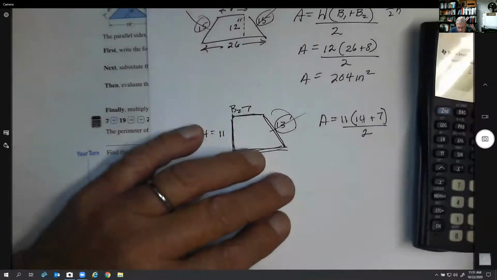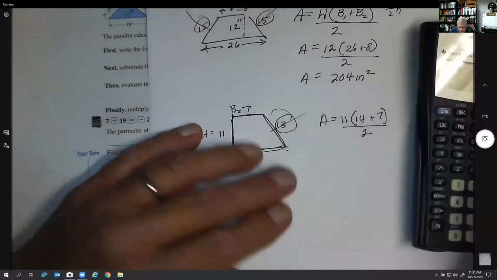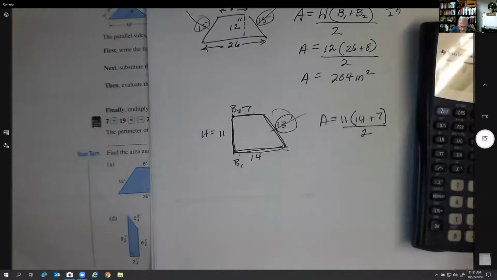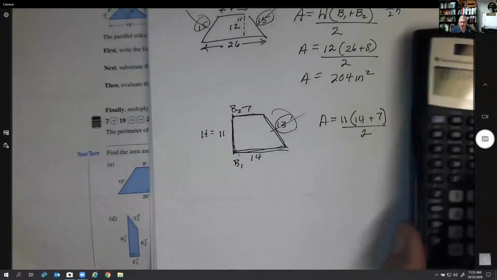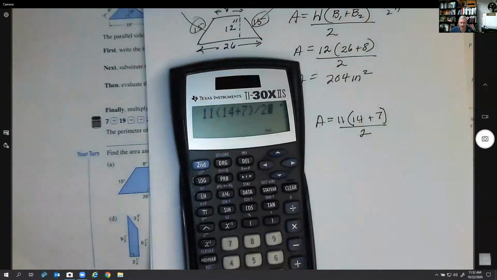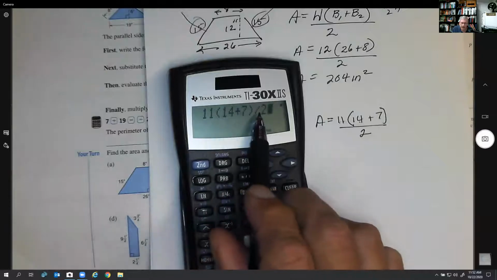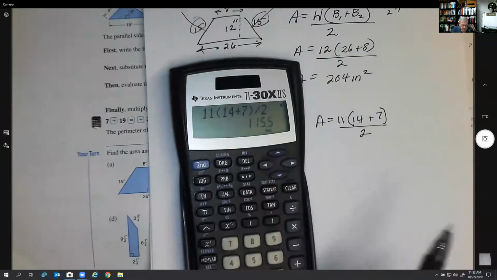So I'm going to put this in my calculator. 11. I can just do it this way too. Put in the parentheses, 14 plus 7, parentheses, divided by 2. I could enter it directly into the calculator if I have this calculator. Other calculators might be a little different, but on this one, I can just put it in directly and hit equals.